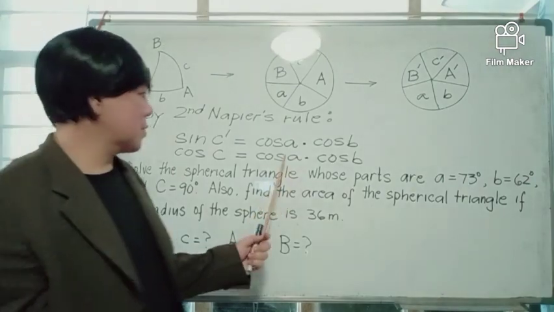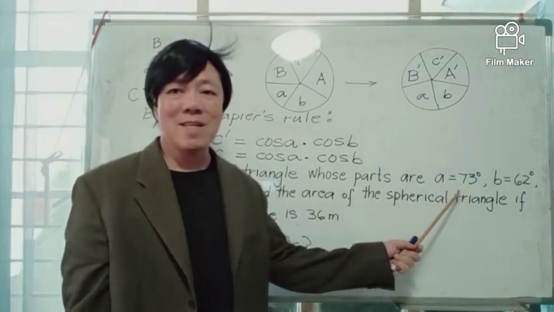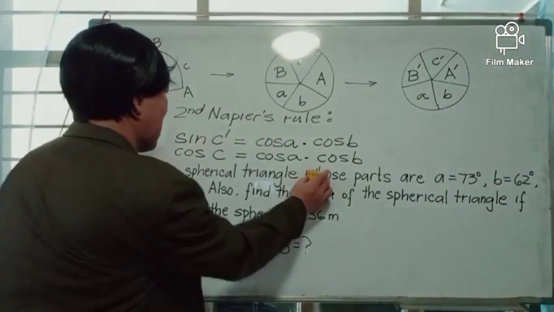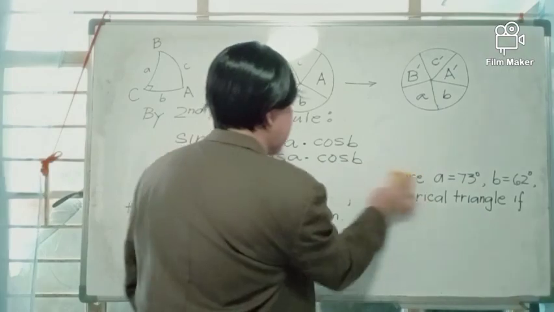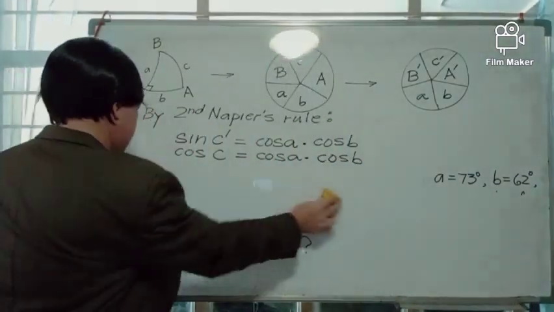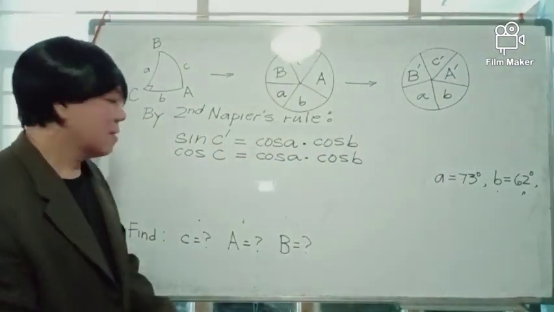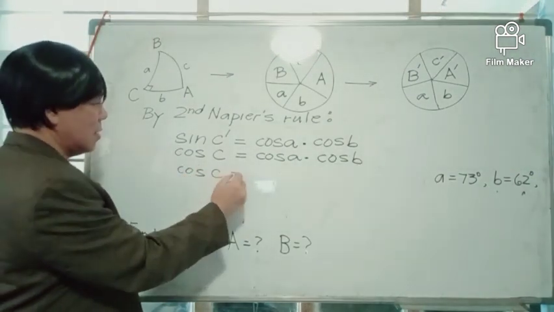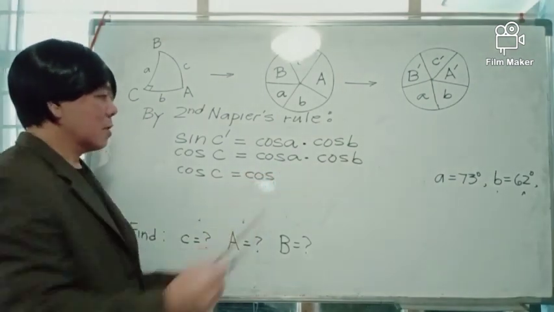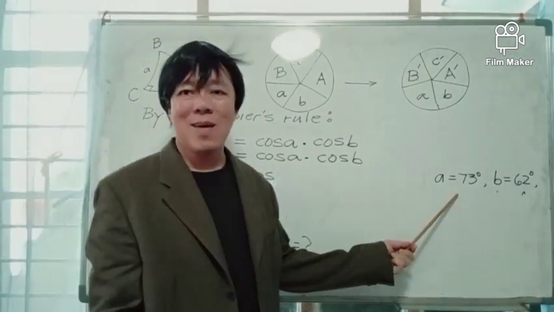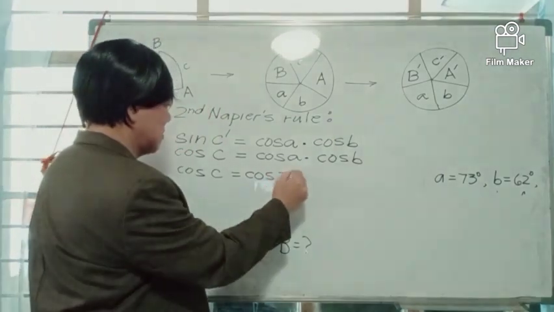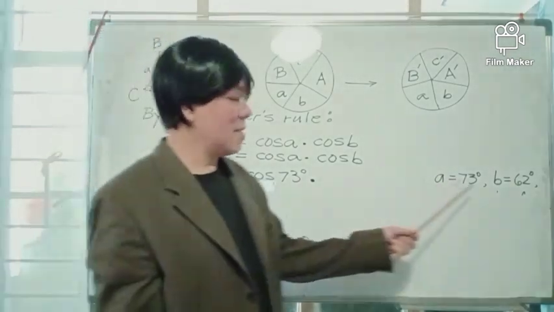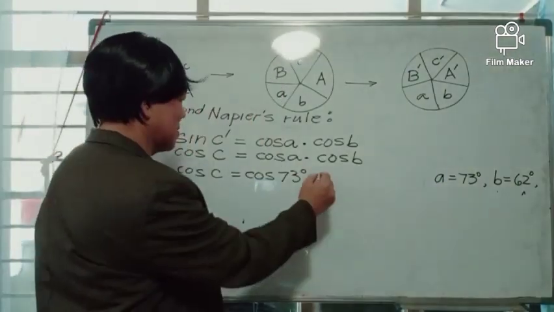And we now substitute the value of small a, 73 degrees, and the value of small b, 62 degrees. We have cosine of small c is equal to cosine of a, where small a is 73 degrees, multiplied by cosine of small b, which is 62 degrees.